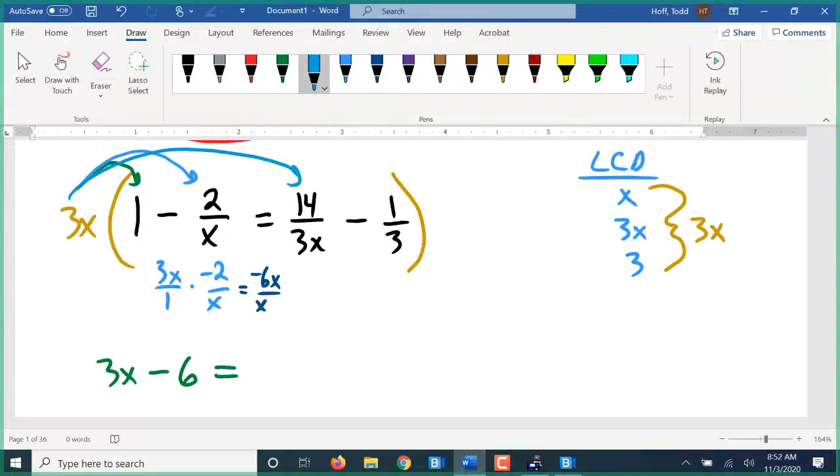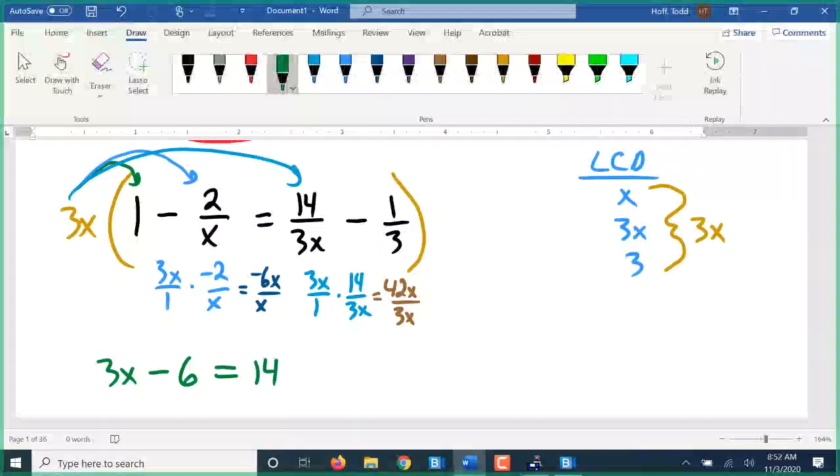3x times 14 over 3x. So 3x over 1 times 14 over 3x. 3x times 14 is 42x. 1 times 3x is 3x. Well, 42x divided by 3x is just 14.